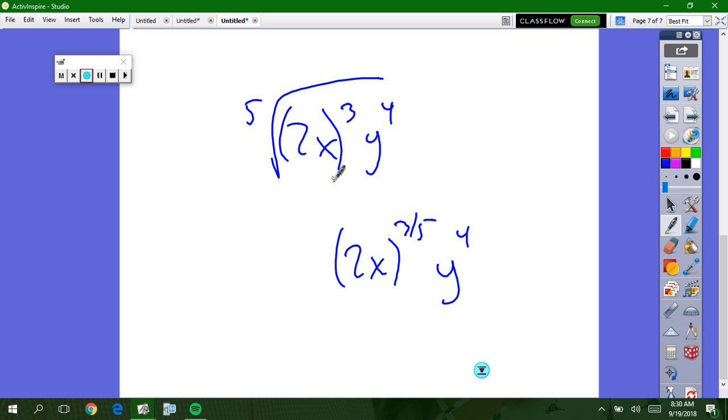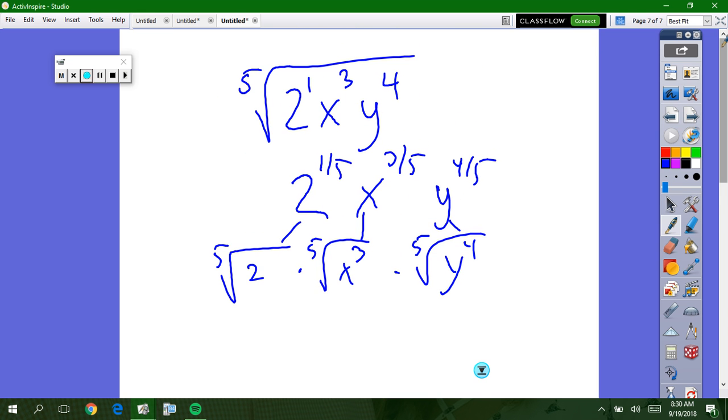This one is saying, right now, 2x is being cubed. Does everybody see that? Whereas the other problem is saying 2 is being raised to the first and x is being cubed, right? Don't get them confused with it, that they're both being raised to the power unless they are both in parentheses. Okay?